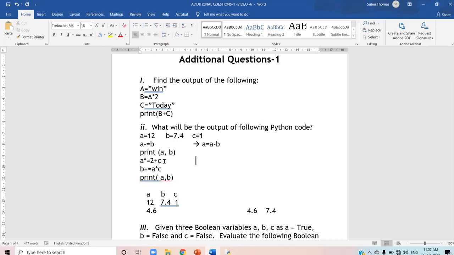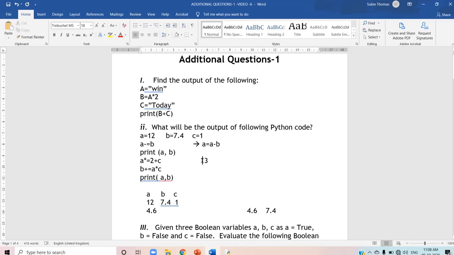So the right side of the equal sign will give you the answer 3, and now you have to expand the augmented part. That is A equal to A into 3. Now 2 plus C you got the value 3. So A equal to A into 3. Now A will be 4.6.